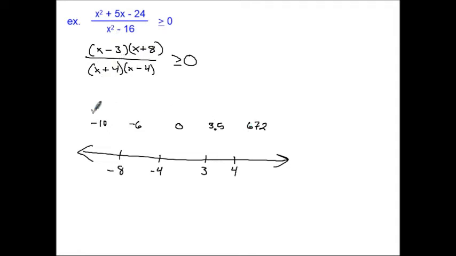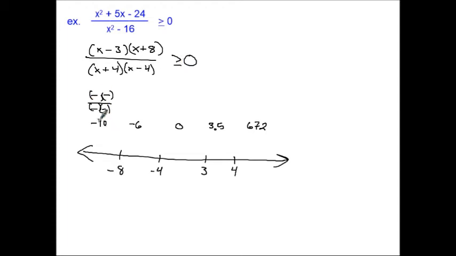All I'm comparing is to 0, so all I really need to know is positive or negative. As I plug in the -10, I'll give myself a little ghost fraction bar. I get a negative on the upper left, a negative on the upper right, and a couple of negatives on the bottom. Maybe that looks better in parentheses, but you get the idea. Four negatives makes a positive, and I want this to be greater than 0, so positive is what I want, so I'm happy.